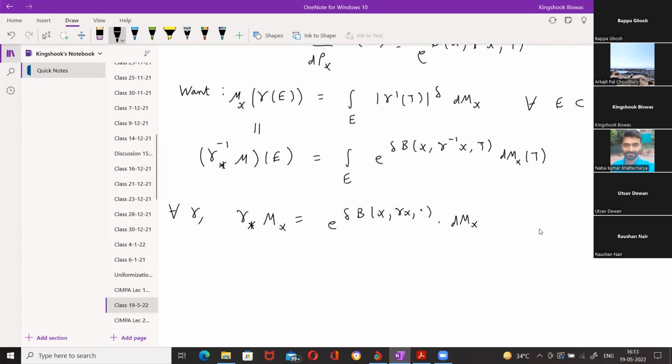This is what we want to prove. Is this clear? Okay. Now we prove this by passing to the limit.